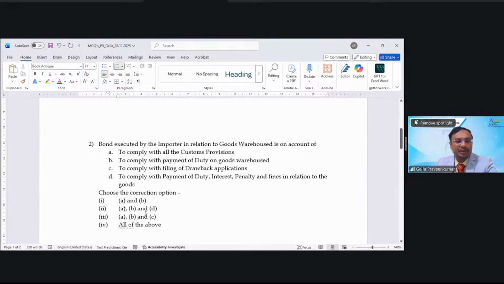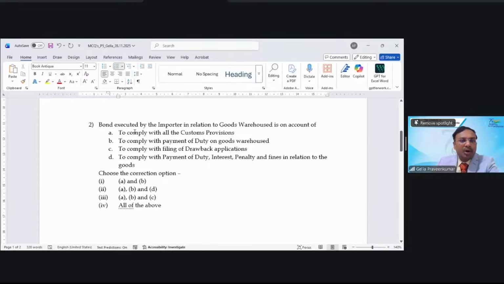Let's look at the second question. Bond executed by importer in relation to goods warehoused in warehouse is on account of. So they're asking, how do I calculate the bond amount? When a bond is executed by the importer, what is the purpose of this bond? To comply with all customs provisions. Answer yes.